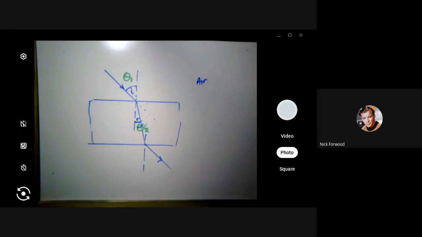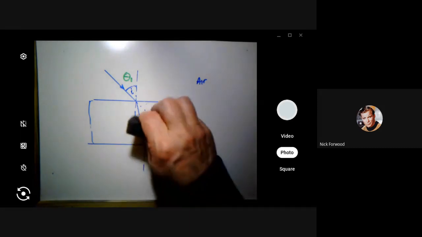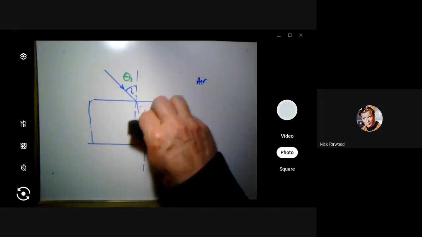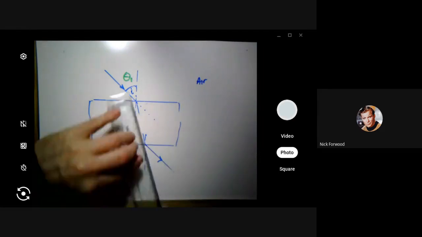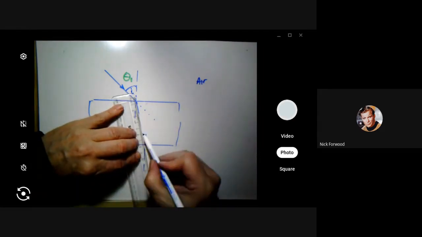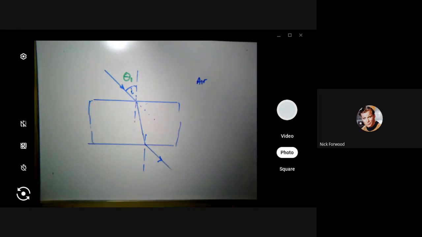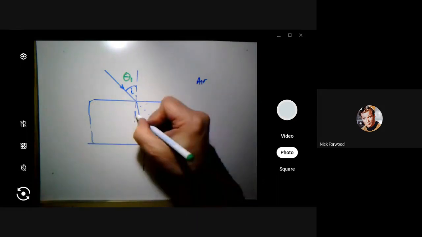Now, I'll just take out that theta 2. It's taking up a bit too much room. Okay, so this is theta 2 here.